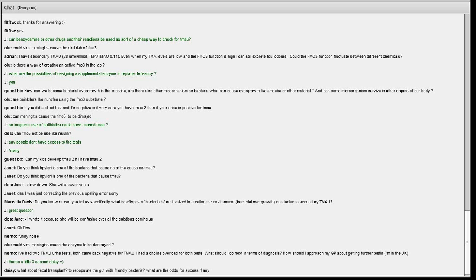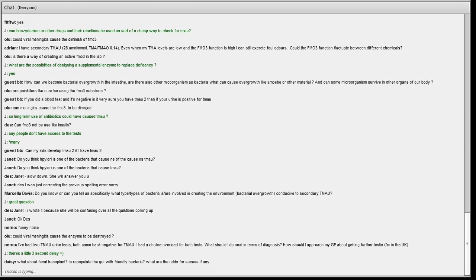So in that sense, if you were selectively killing off certain types of bacteria, you might have a gut population of bacteria that would end up producing more TMA and hence causing secondary trimethylaminuria.